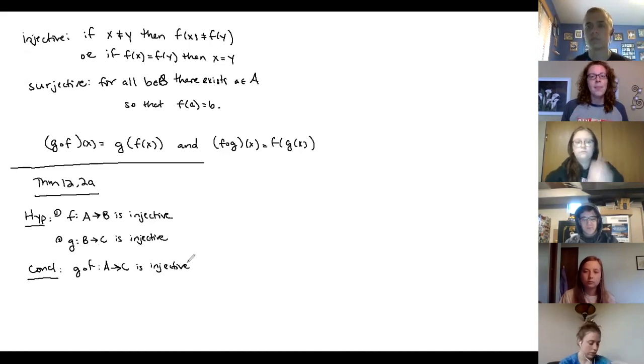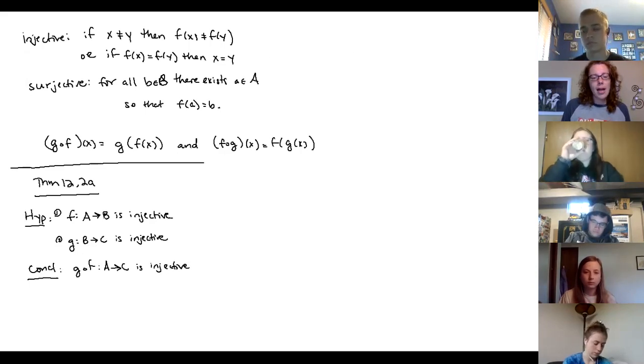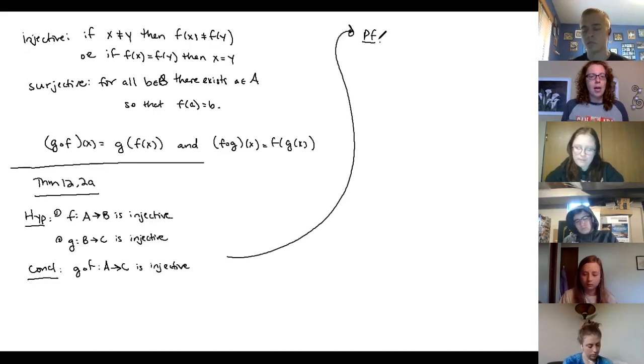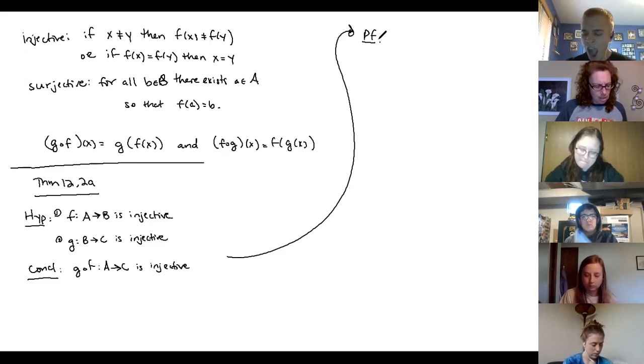Basic idea, okay? All right, we're gonna prove this because it is a good example of how a proof with injective functions works. So here's my proof. We'll do what we know and what we need to show.